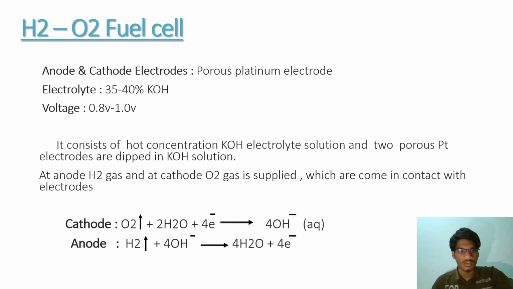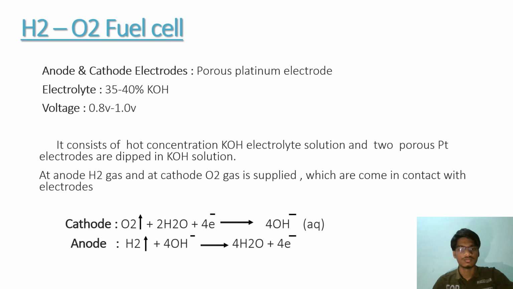It consists of a hot concentrated KOH electrolyte solution, and two porous platinum electrodes are dipped in the KOH solution. At the anode H2 gas, and at the cathode O2 gas, is supplied, which come in contact with the electrodes.